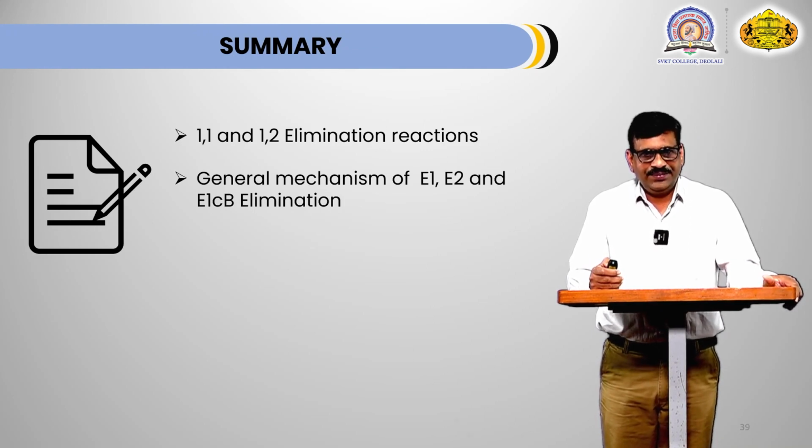In E1 elimination, carbocation is intermediate and it is a two-step process. E2 elimination is one-step process and all bond breaking and bond formation take place simultaneously. E1CB elimination is also two-step mechanism. In first step, there is formation of carbanion.